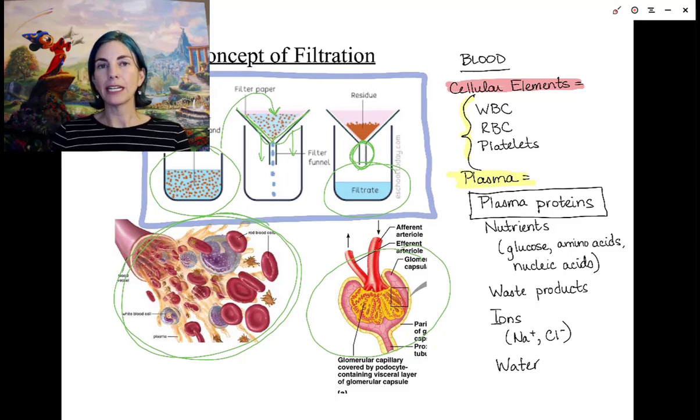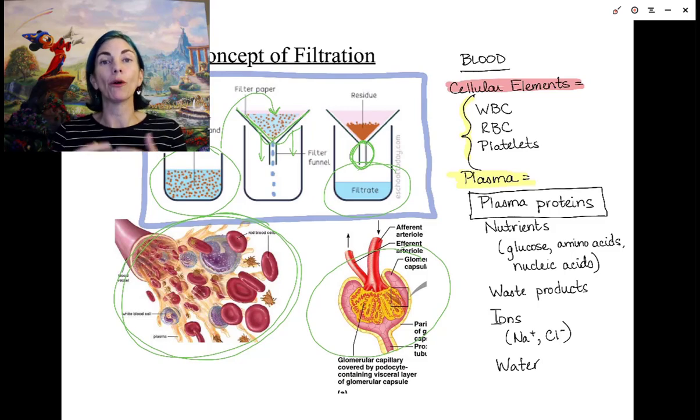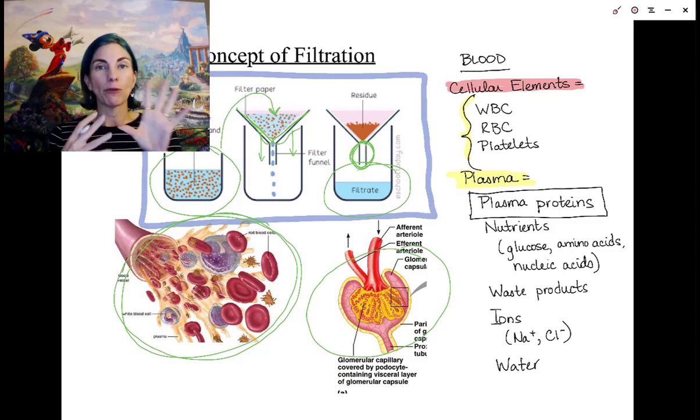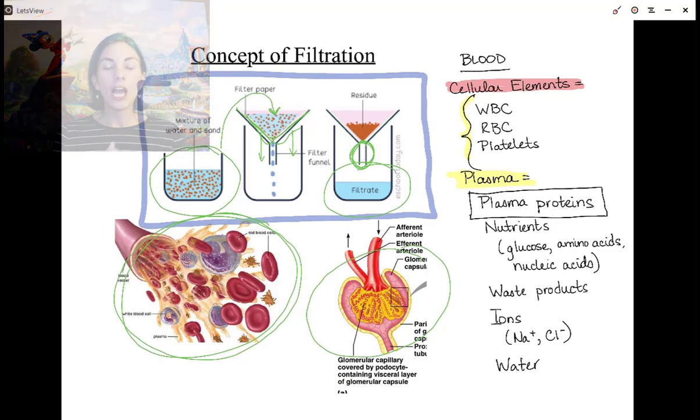So plasma proteins represent an interesting threshold, where some of them, the smaller ones in particular, are probably going to get through, and the larger ones are going to be retained through processes that we'll get into in a few minutes.